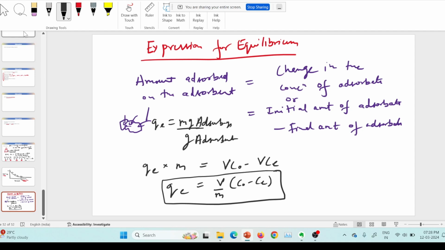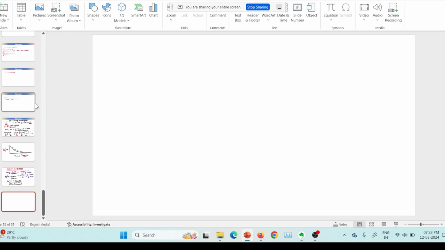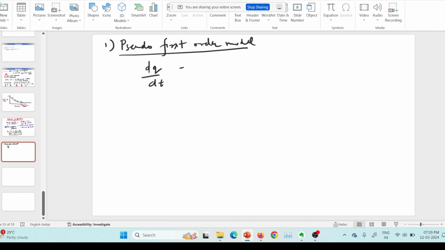Now we will see a few models. So we will see the pseudo first order model. The pseudo first order model is dq by dt equals k into qe minus q.